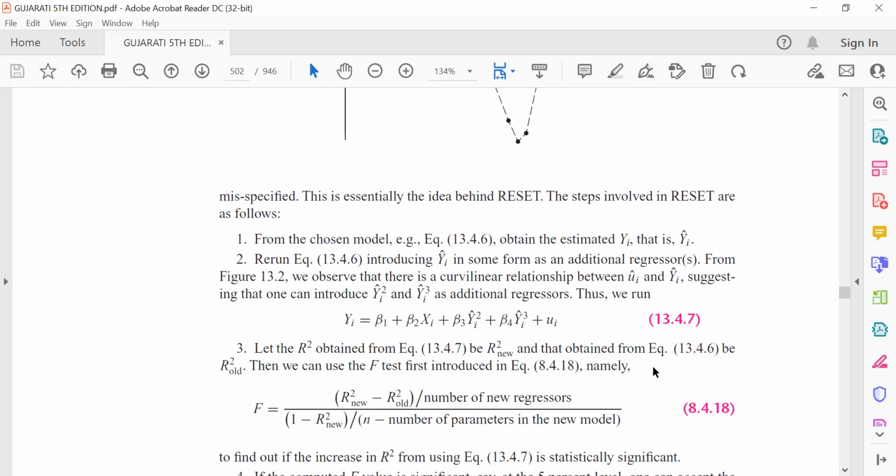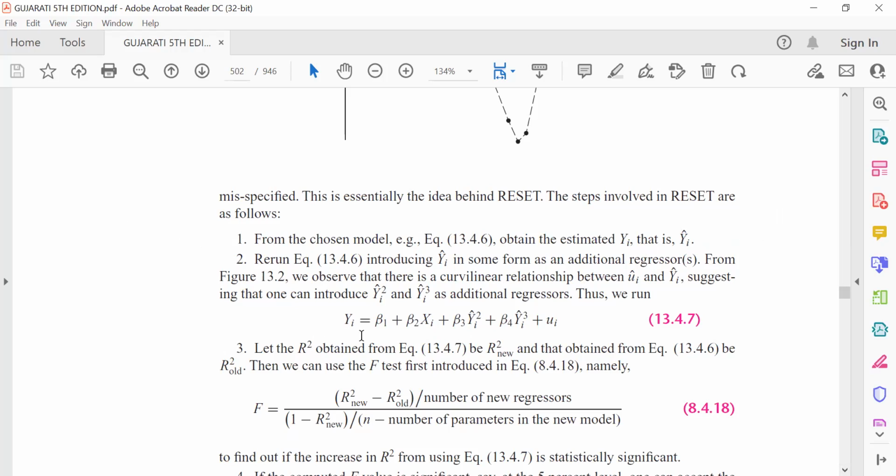What are the steps to run this RESET test? First, estimate the model and obtain the predicted values. Then run the equation, but insert the predicted values as additional variables.